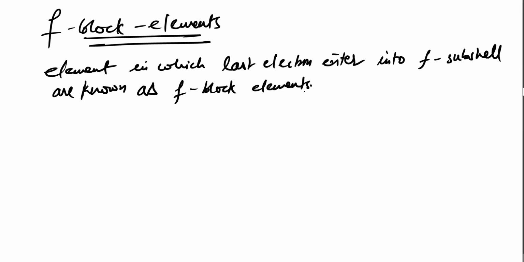And there are two series of F block elements. There are how many series? Tell me. Two series. One is the lanthanide series and another one is the actinide series. So there are two series.